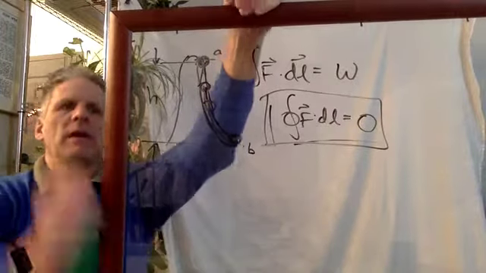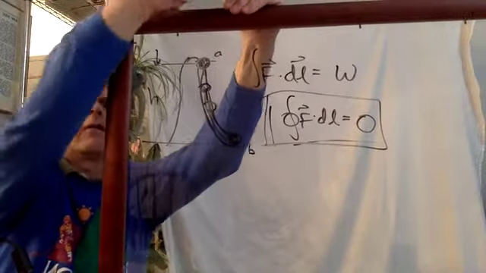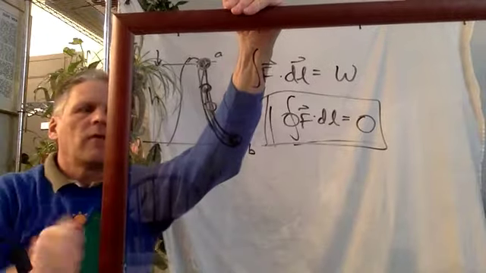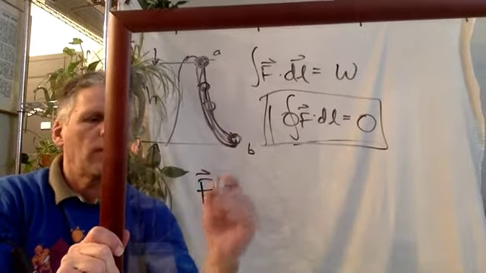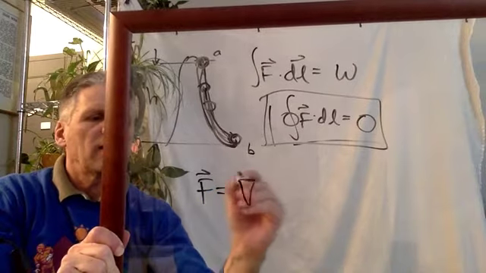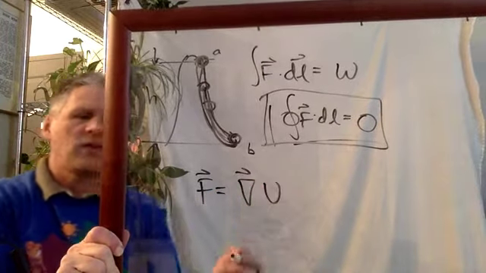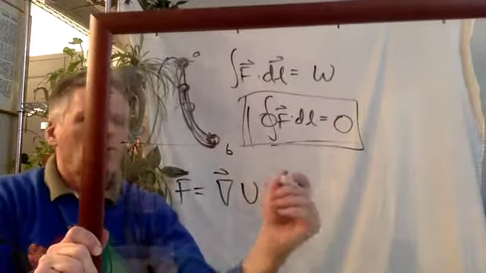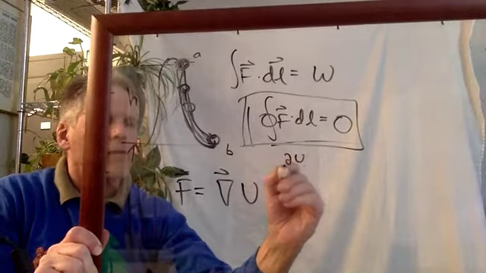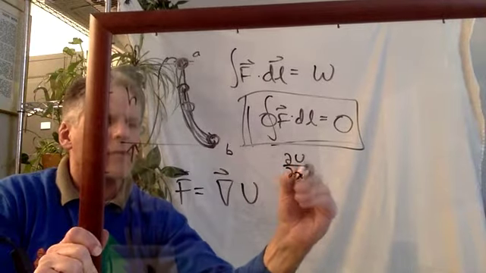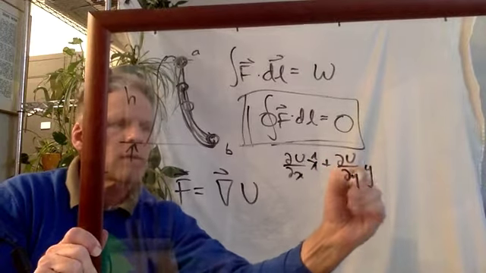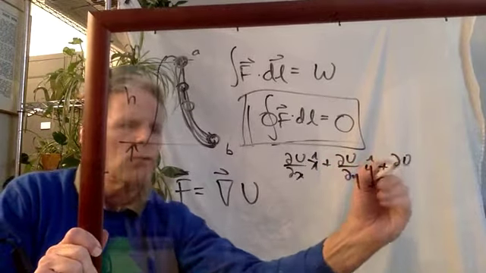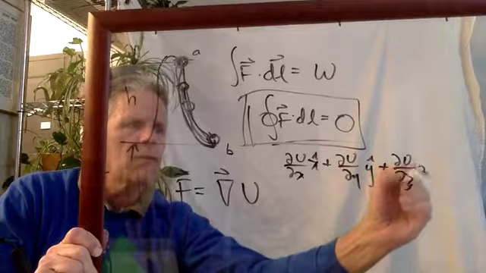Well, what does that mean? It means a few different things. So the first thing it means is that we can express this force as the gradient of some scalar. And just as a reminder, the gradient is du dx x hat plus du dy y hat plus du dz z hat.